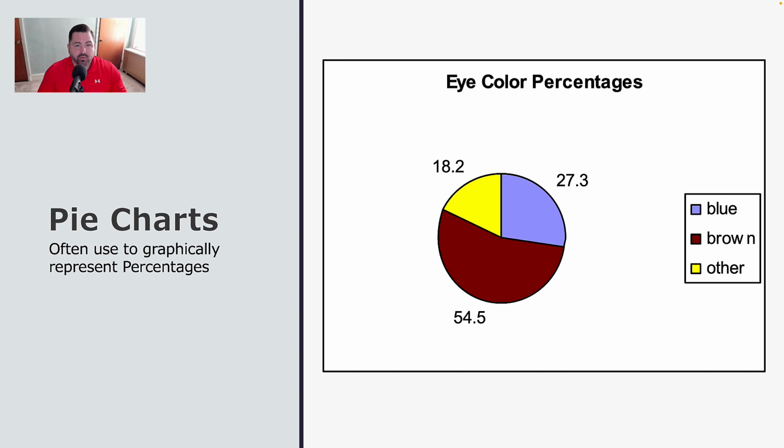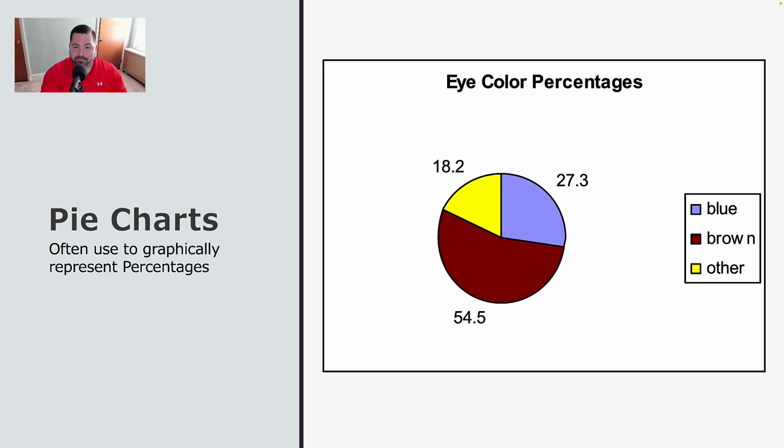Very similar to what we were able to do with the frequency distribution tables and then converting them into a graphical representation of the histogram, we can do the same thing for relative measurements of percentages and represent them with a graphical representation known as a pie chart. So in this particular example, you can see that 18.2% of the 100% circle is represented by other colored eyes.